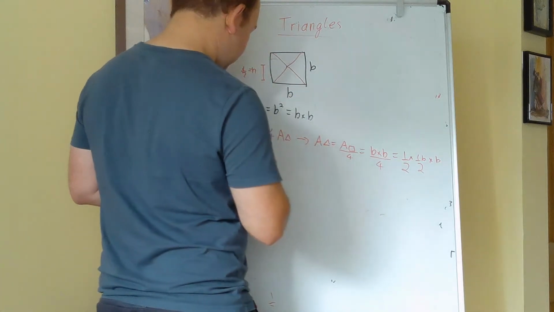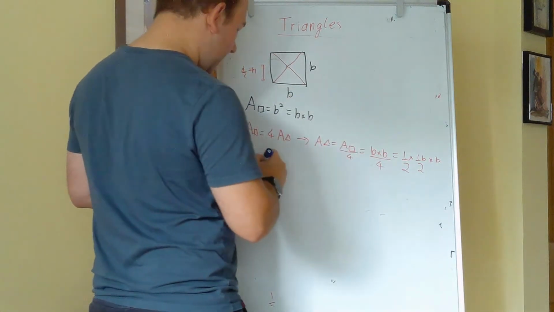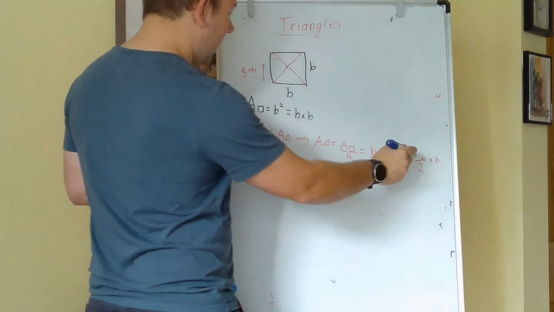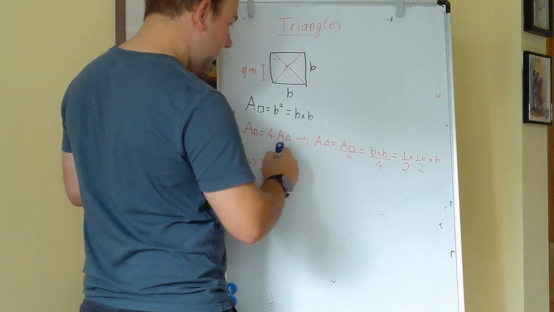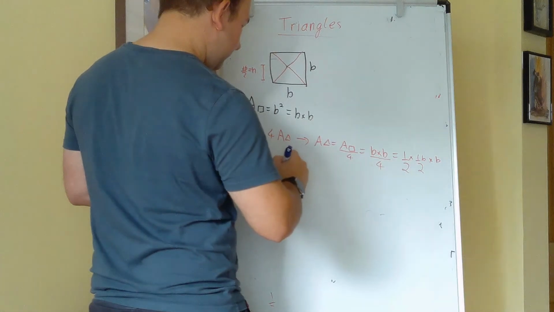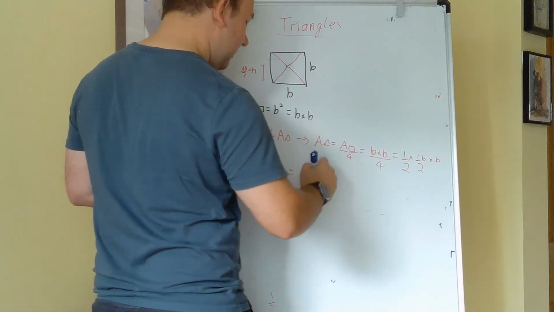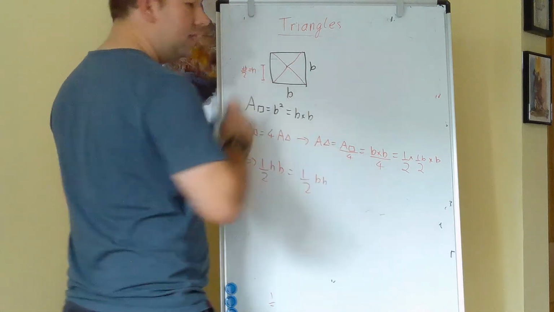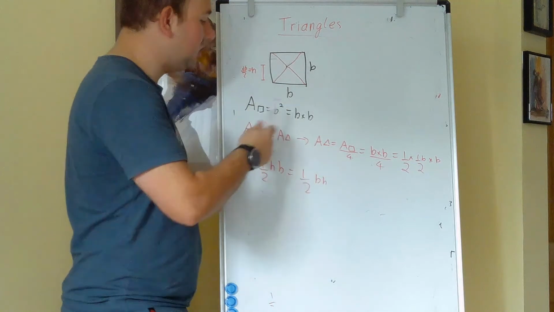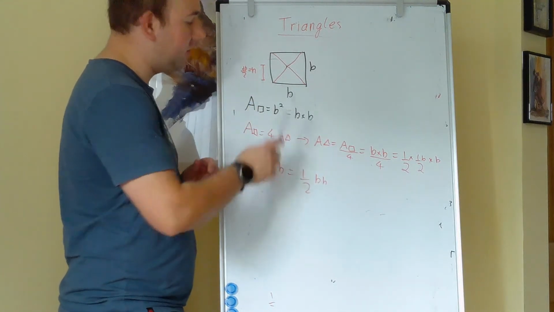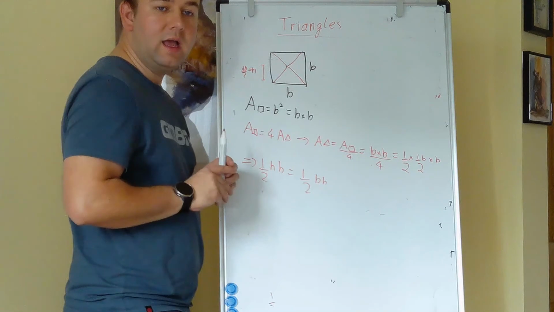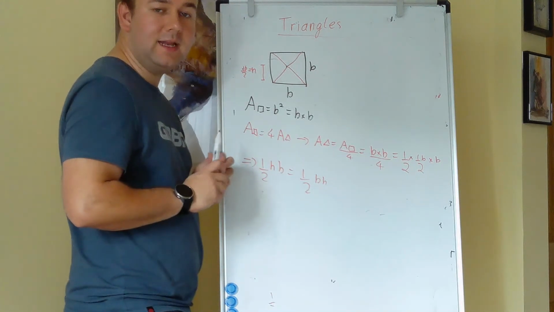Therefore, we can replace this half B with H multiplied by B, which is equal to half the base times the height. So this is another visual way of just checking that your area for your triangles applies to isosceles, equilateral and scalene triangles.